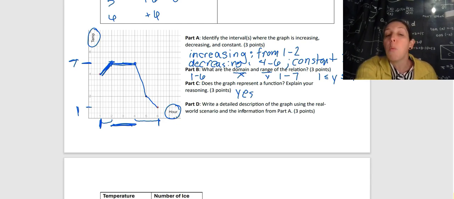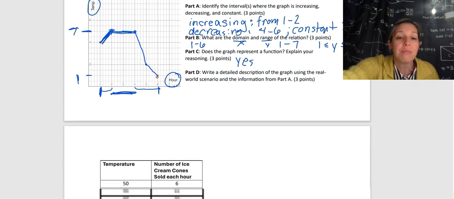So you could say at 1 p.m., the temperature starts at 4 degrees. You could say you're in Antarctica or somewhere really cold, and then maybe the sun comes out and it's going up. Then it kind of stays the same for a couple of hours. Maybe some clouds come out or it gets windy and the temperature goes down. So that would be your explanation there.